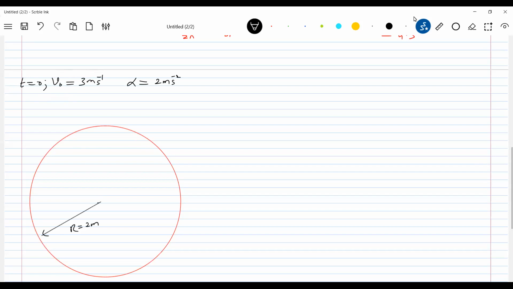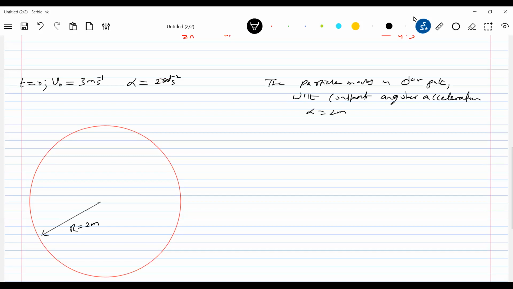What is given is the angular acceleration and the initial tangential velocity. The particle moves in a circular path with constant angular acceleration alpha equal to 2 radians per second square, with initial linear velocity 3 meters per second.